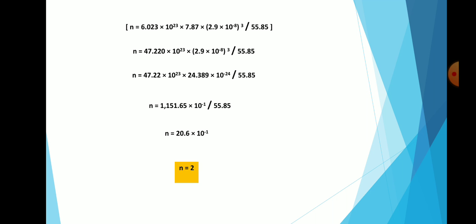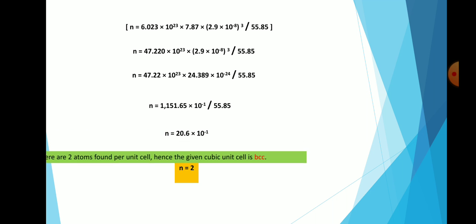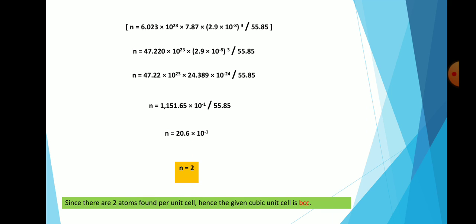This n is equal to 2 indicates that the number of atoms per unit cell is 2. Hence the given cubic unit cell is BCC. So indirectly we can find out which kind of cubic cell is present from the given data.